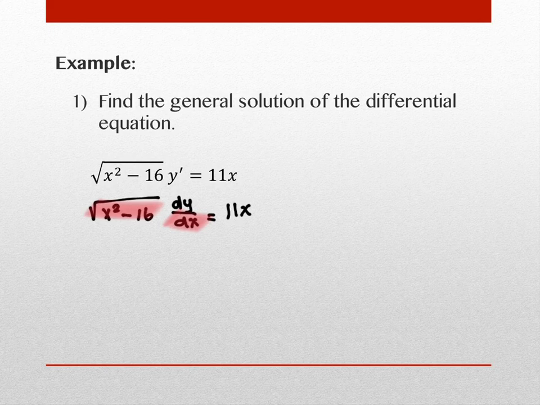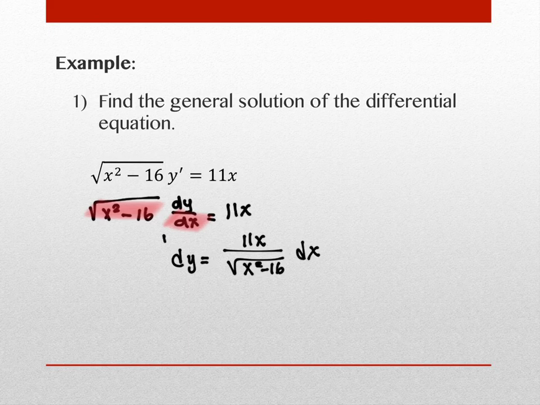So the dx will be multiplied, and what will we do with the square root? We'll divide. Okay? So we're going to rewrite this as dy on the left, and then the square root gets divided, and then the dx gets multiplied. This is the separation process. Everything with variable y is on the left, everything with the variable x is on the right.